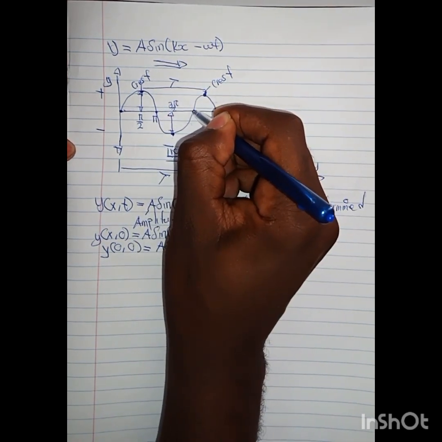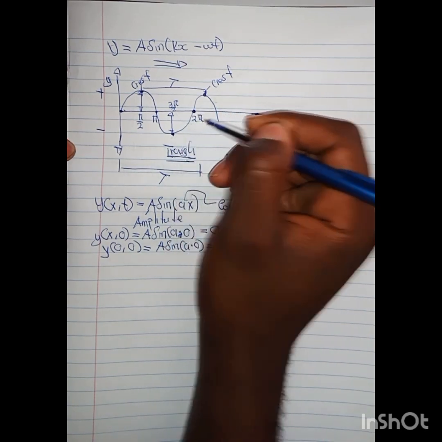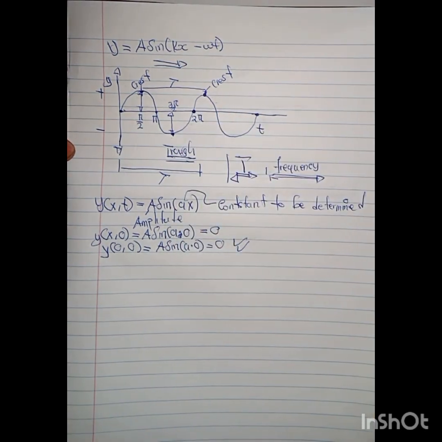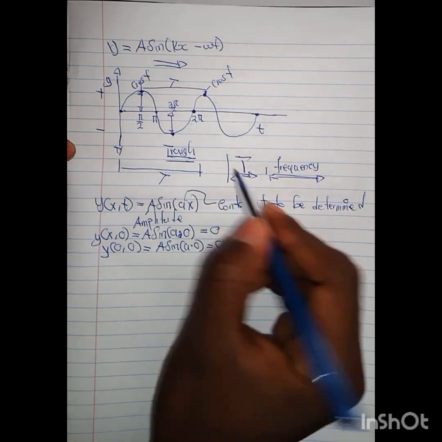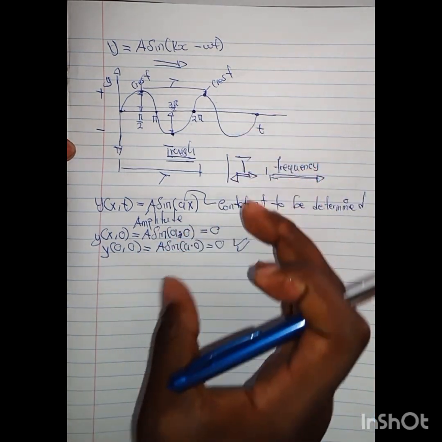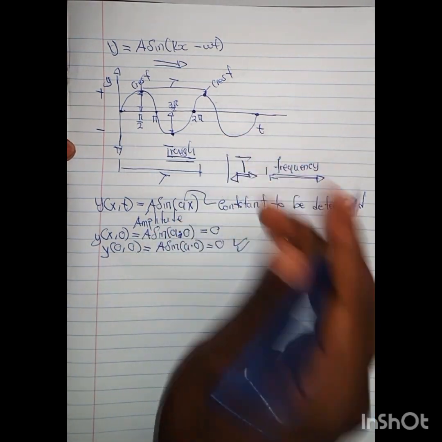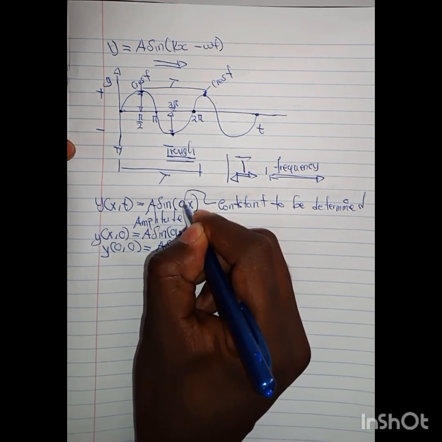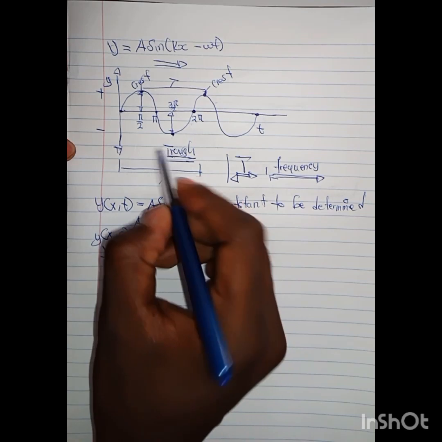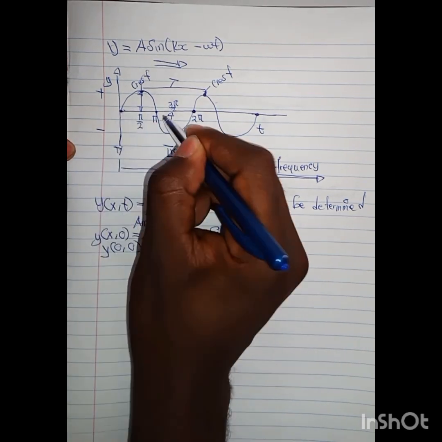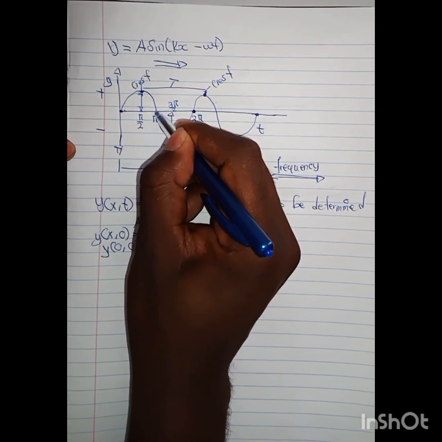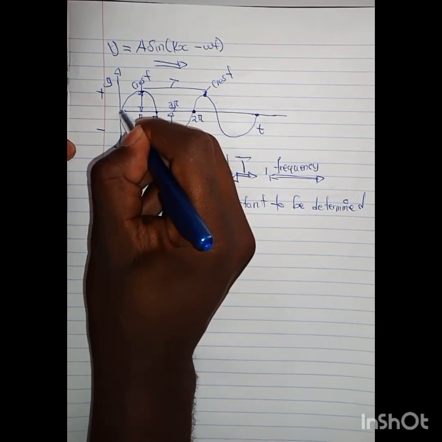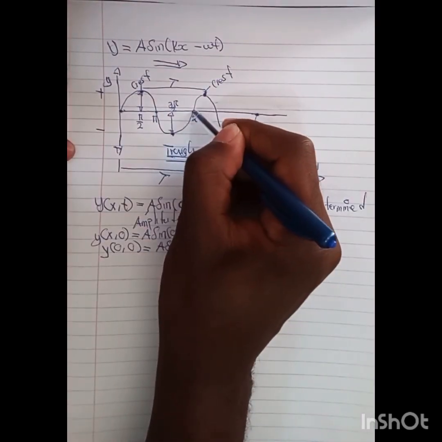And then at 360, we have our 2 pi. You get that? Because we want to describe this motion here in terms of a, because we have the constant of interest at this point, which is this one. And then when we check from this point to this point, we have a pi over here. And then from this point to this point is our 2 pi.